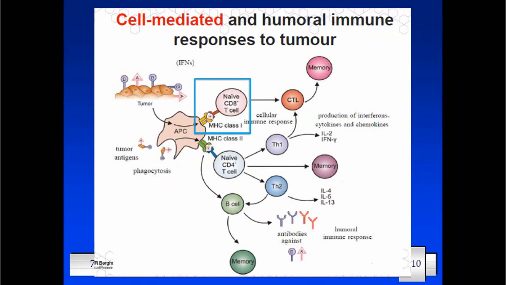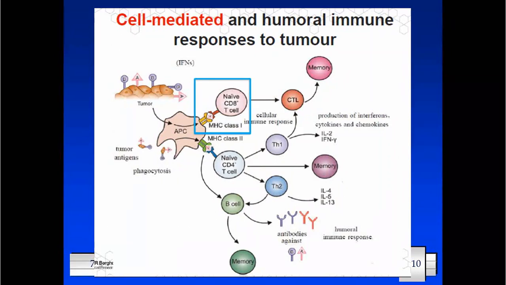And regarding T helper 2, they will help the B lymphocytes. So the helper lymphocyte acts on both the humoral and cellular response of the immunity against tumor by helping the cytotoxic T lymphocyte and helping the B lymphocyte, which are the cells responsible for antibody production, i.e. responsible for the humoral response.